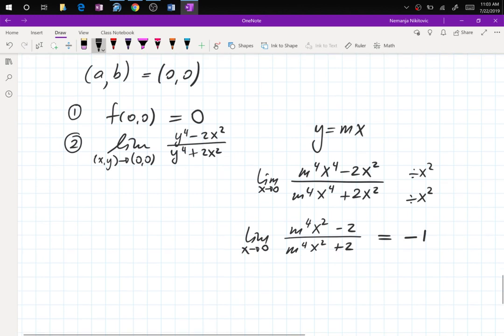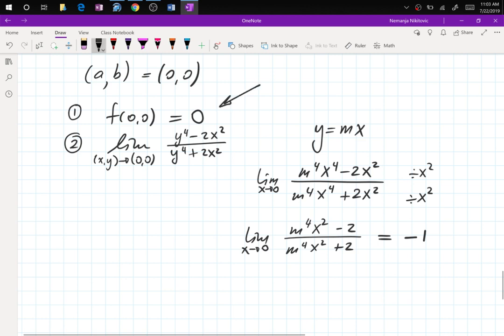It's not continuous, because we just found a whole bunch of limits of this function, and the limits point to -1. So this limit is either -1 or something else, or does not exist.